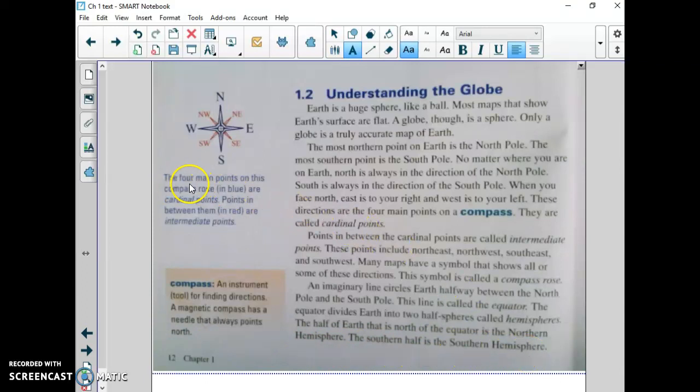Over here it says the 4 main points on this compass rose in blue are cardinal points. Points in between them in red are intermediate points. And the definition of compass: an instrument or tool for finding directions. A magnetic compass has a needle that always points north.